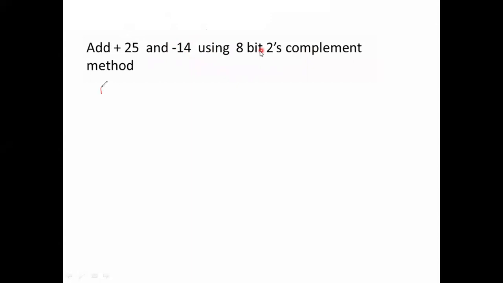See here, plus 25 is there, so the plus is taken by default. So now we divide this 25 by 2. For converting this plus 25 into binary, we divide 25 by 2.